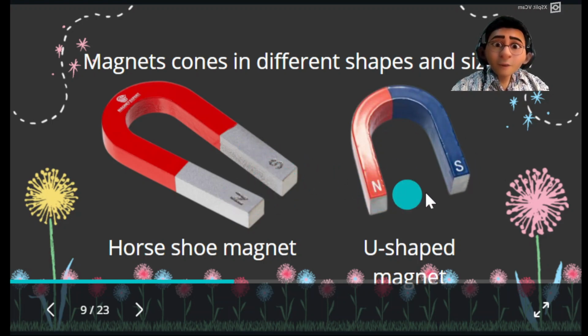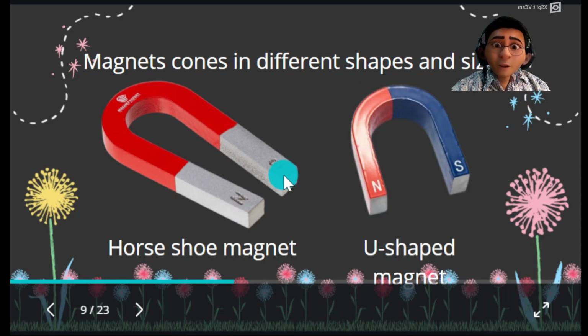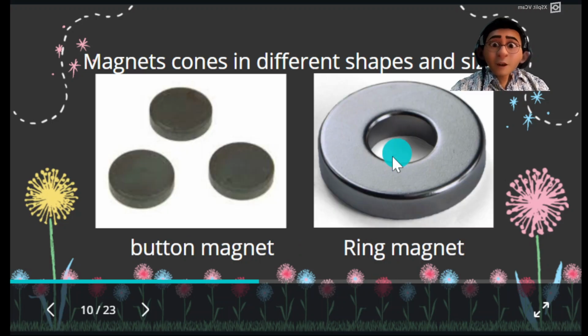The difference is this is wide and equal, straight, and this one is closer on this side. So this is called horseshoe. Maybe it looks like a horseshoe, still horseshoe. And the last two magnets are button magnets and ring magnets.